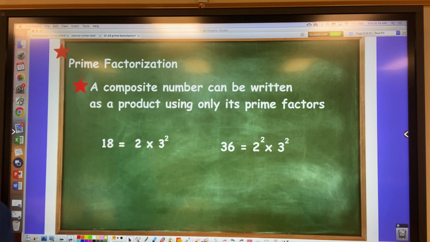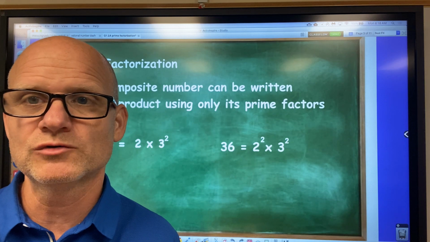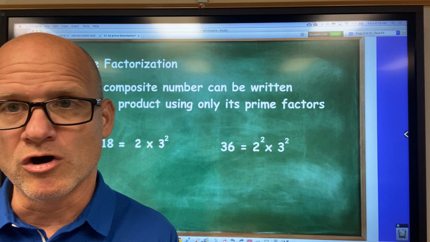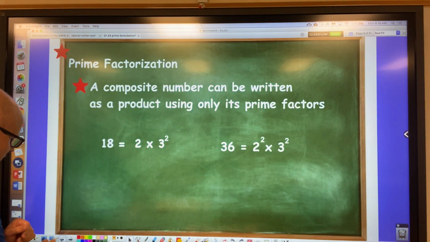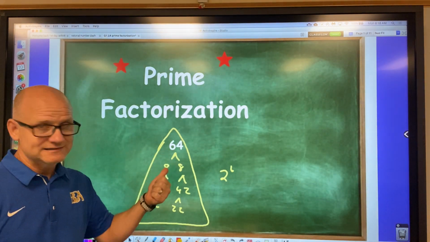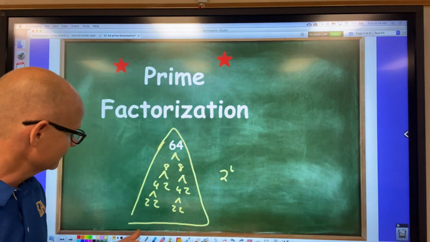So what does it mean to prime factorize a number? Well, it just means you are going to keep factoring the number until you have all prime numbers. For example, when you look at this Christmas tree that I made, I factored it here, 8 and 8, but those aren't prime numbers. So I factored 8 again. I factored to 4 and 2.